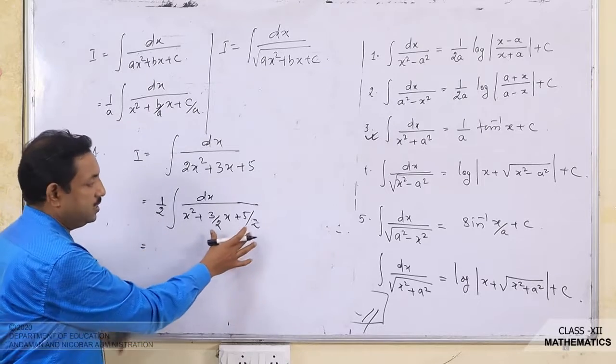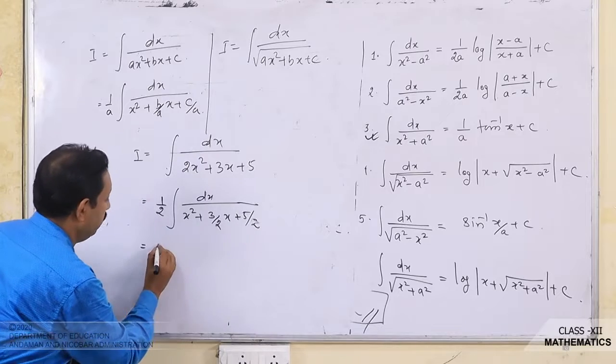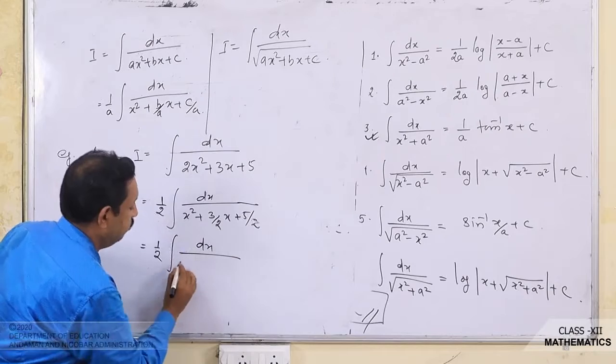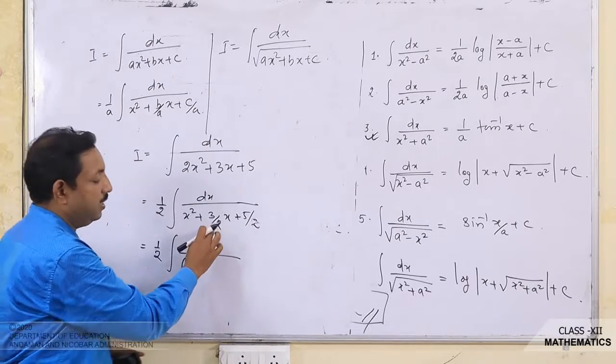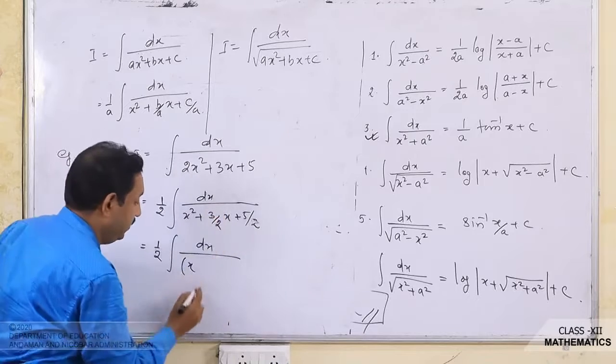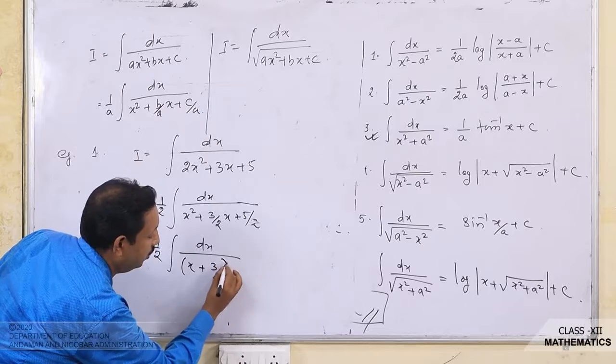So, what to do here? I make it a perfect square now, and this equals 1 by 2 integration of dx upon, x will be taken as x, and here I simply take half of this one, that means it will be x plus 3 by 4, the whole square.